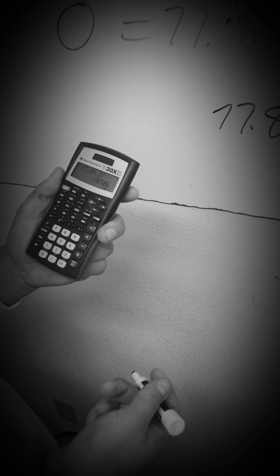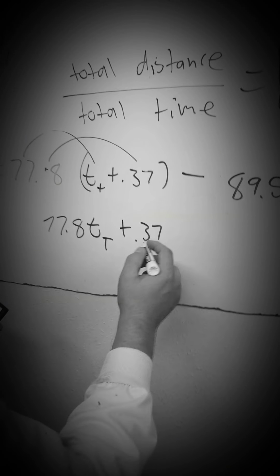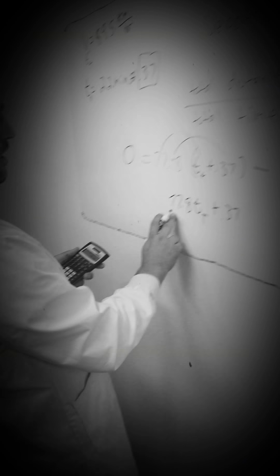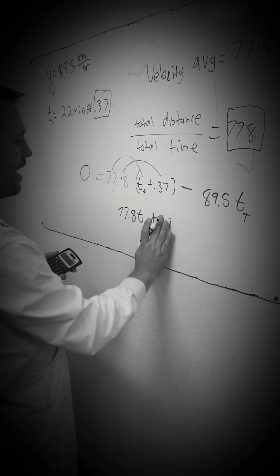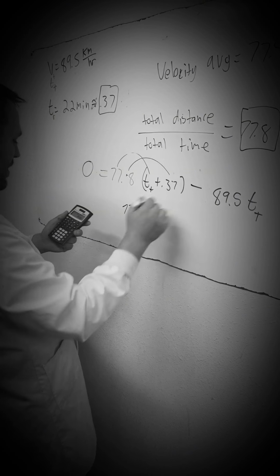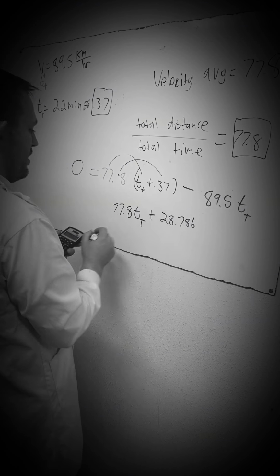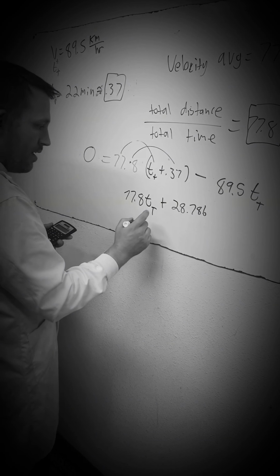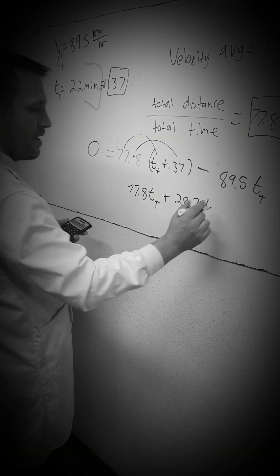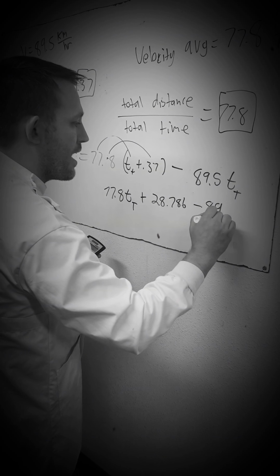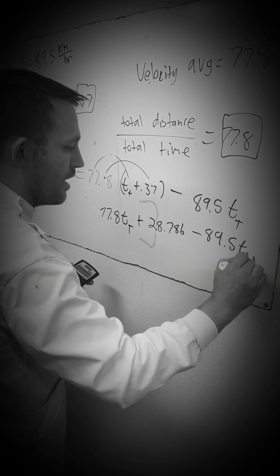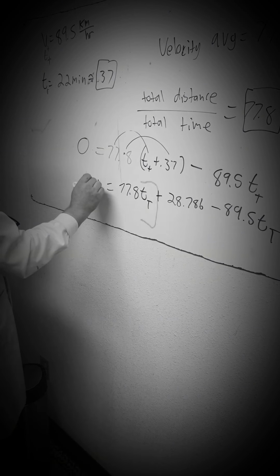And we get 28.786. So this is 77.8t plus that new number, 28.786. Okay, now we have a number, and that's minus 89.5 t of t equals 0.